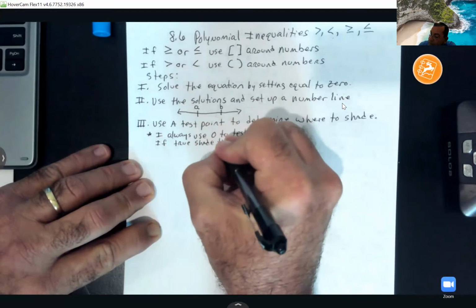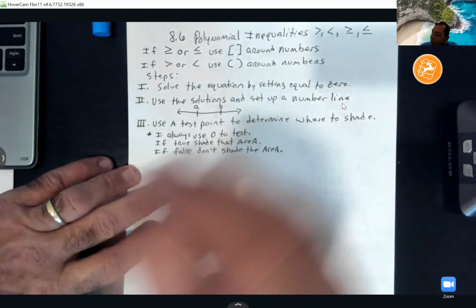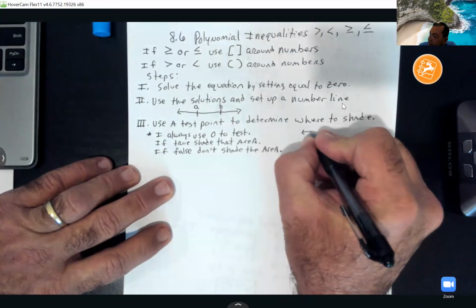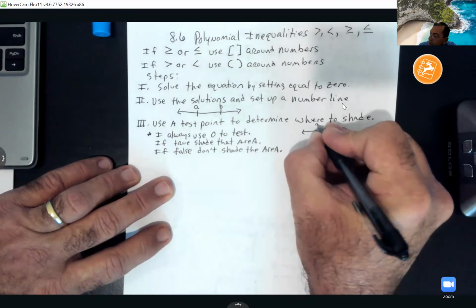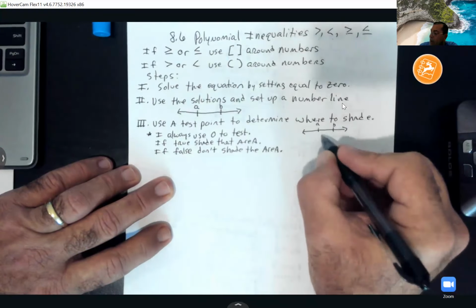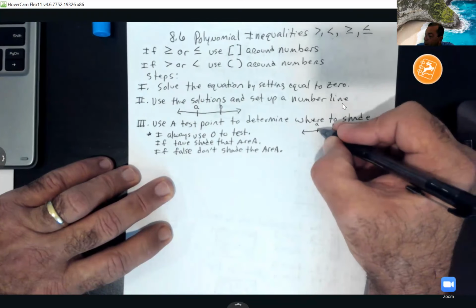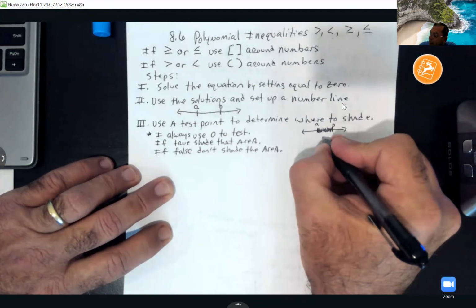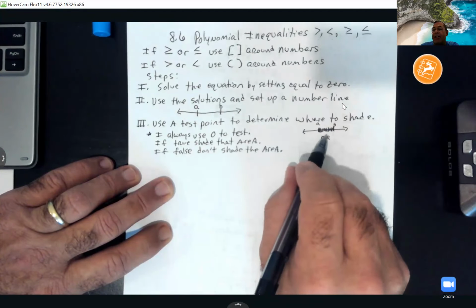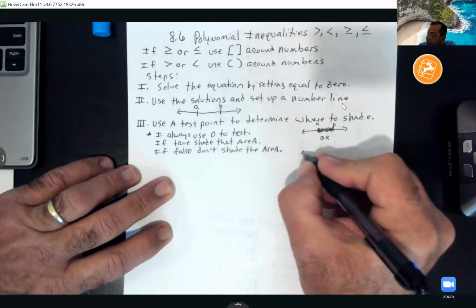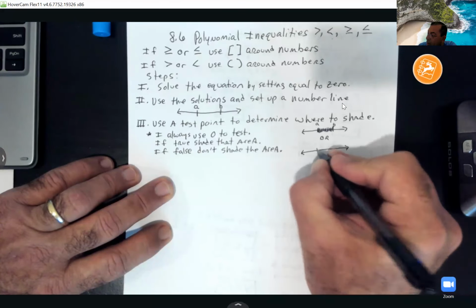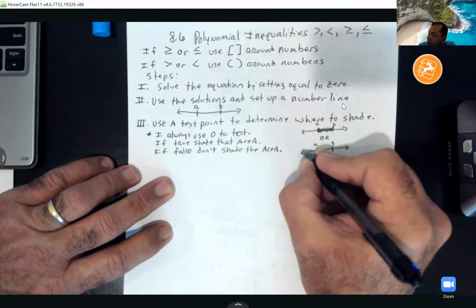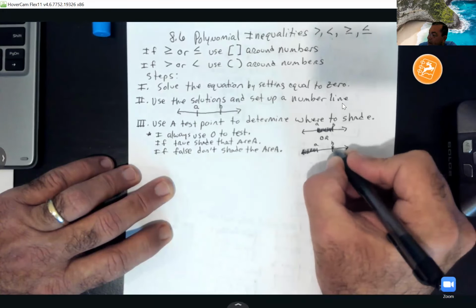Now, there are two possible outcomes. If it's true where you tested, say my 0 was in between A and B and it was true, I would shade that area like that. If it does not shade in between the two numbers, the only other choice is that it's going to shade outside on each of those.